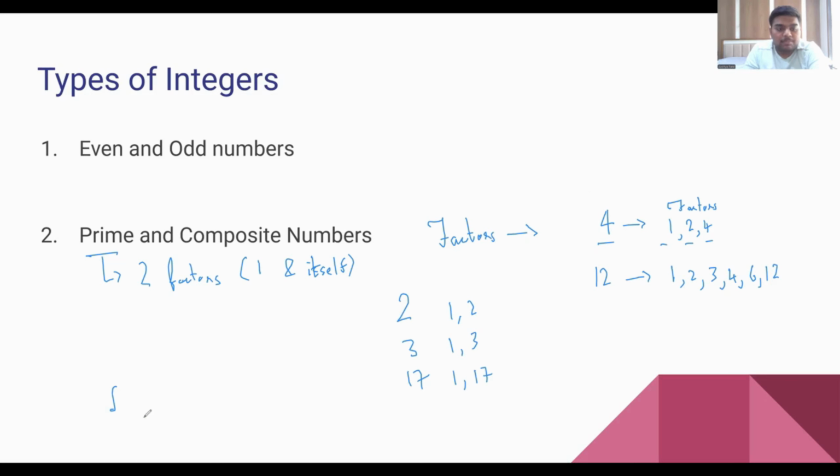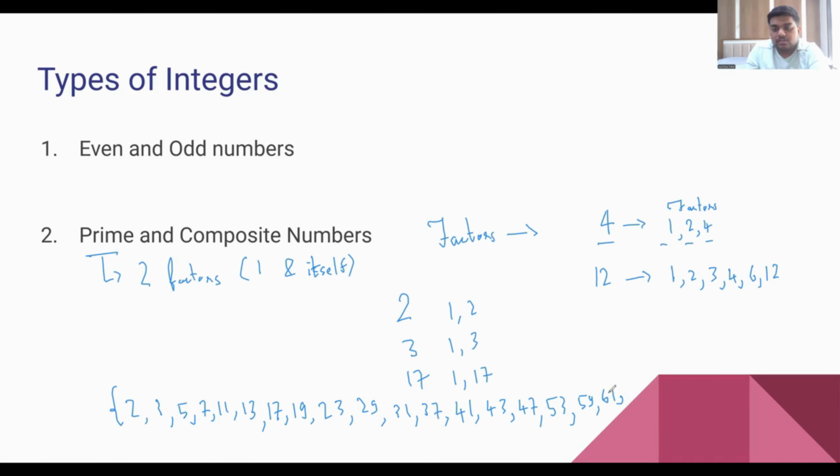Some of the prime numbers less than 100 are 2, 3, 5, 7, 11, 13, 17, 19, 23, 29, 31, 37, then 41, 43, 47, then 53, 59, then 61, 67, then 69 is composite, and so on.